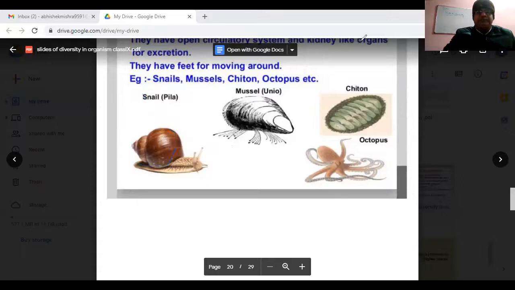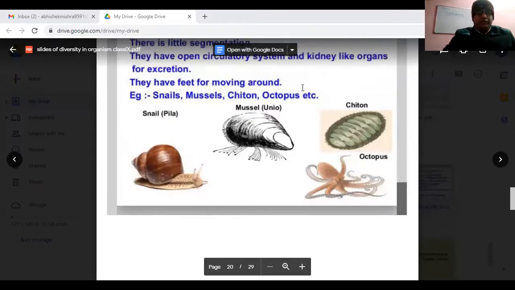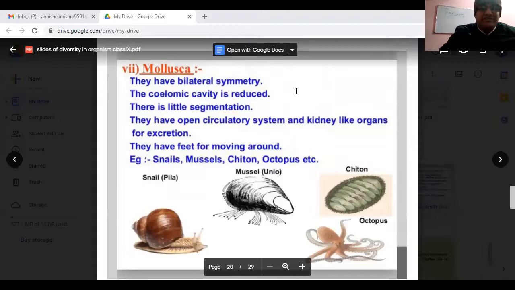Is it clear to all? Any queries you have about Phylum Mollusca? Yes, little segmentation. That means, let me draw for you all. See, students, Annelida.